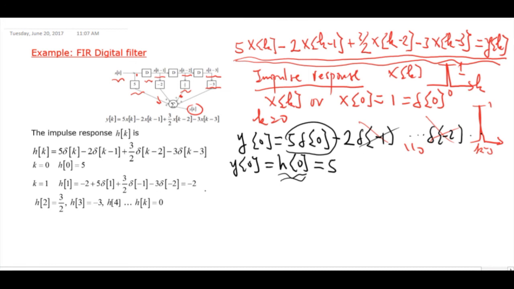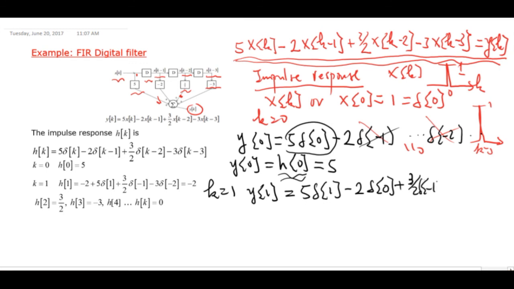So h0 is equal to 5. Similarly, when k is equal to 1, we have y1 is equal to 5 delta 1 minus 2 delta 0, which is nonzero, plus 3 over 2 delta minus 1, and the rest are all equal to 0. So y1 is equal to h1 is equal to minus 2.